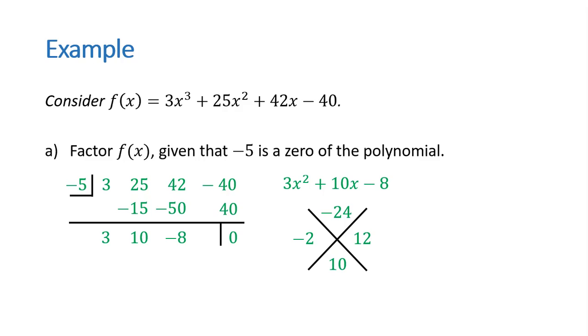So I'm going to take the 10x term in the center of my quadratic, and split it up using the numbers -2 and 12. So I'm going to rewrite this polynomial that has 3 terms with 4 terms. I'm taking that 10x and writing it as -2x and positive 12x.